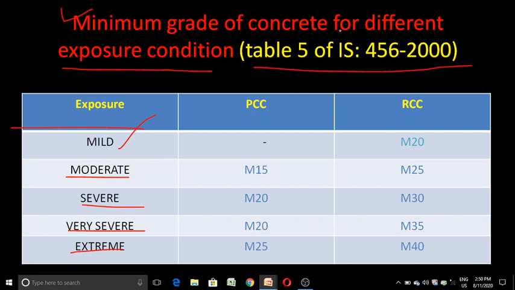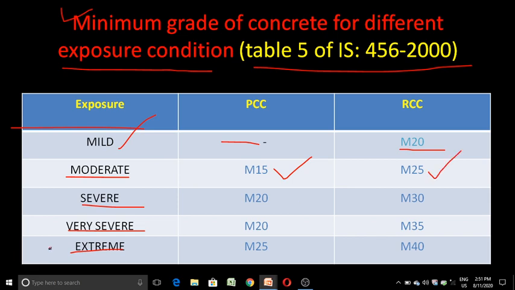With respect to IS 456-2000 table number 5, in mild exposure condition there is no value given for PCC, but if you are using it, you have to use the minimum grade of M20. For RCC in mild exposure, it is M20. For moderate exposure condition, for PCC M15, for RCC M25.